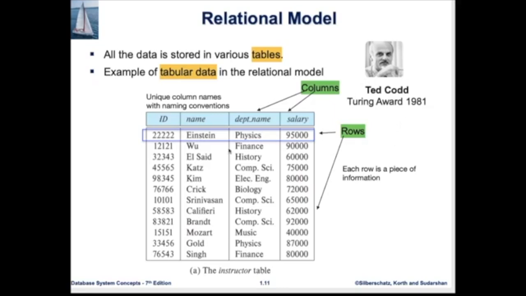So minsan tinatawag na mga tall tables kapag sobrang daming rows, and then kapag sobrang dami namang columns, we call it wide table. So yung mga recent technology ng Google na meant for analytics, they are dealing with wide tables, or sinasabi nila mga big tables.